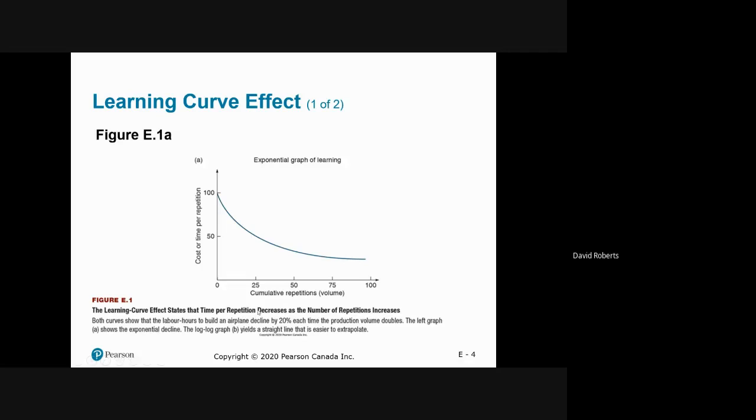So 1 to 2, 2 to 4, 4 to 8, 16, 32, etc. So you can see that it is a downward sloping curve. When you first start doing something, again, you're going to be slower, and the more times you do it, the faster you tend to get.